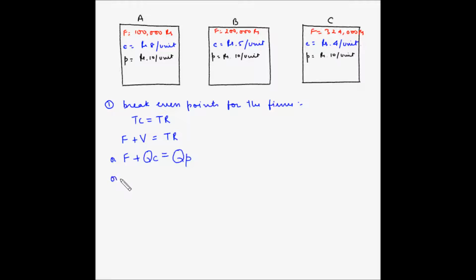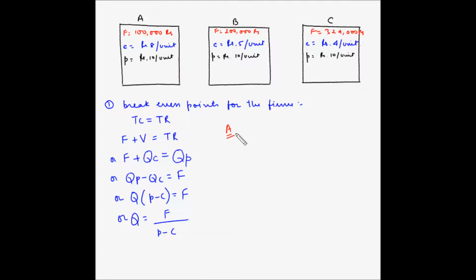So now let's bring Q on one side. So QP minus QC is equal to F, or we can make Q common. Q(P minus C) is equal to F, or Q is equal to F divided by P minus C. Now let's use this formula to find out the break-even point for firms A, B and C.